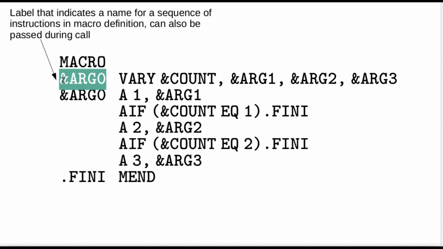So this &ARG0 is again a dummy argument for a label name. This is a label that indicates a name for a sequence of instructions inside the macro definition.